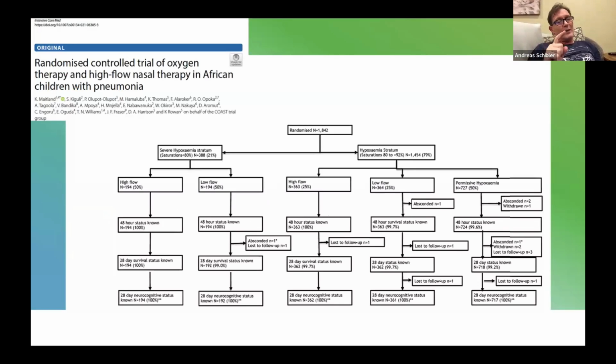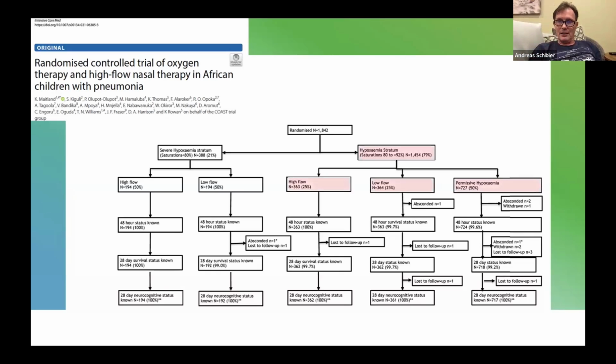And now, very important, many of you are familiar with the COAST trial. That was the oxygen therapy trial in hypoxemic children in Africa, performed by Kath Maitland. And there was a randomization of children who were hypoxemic.